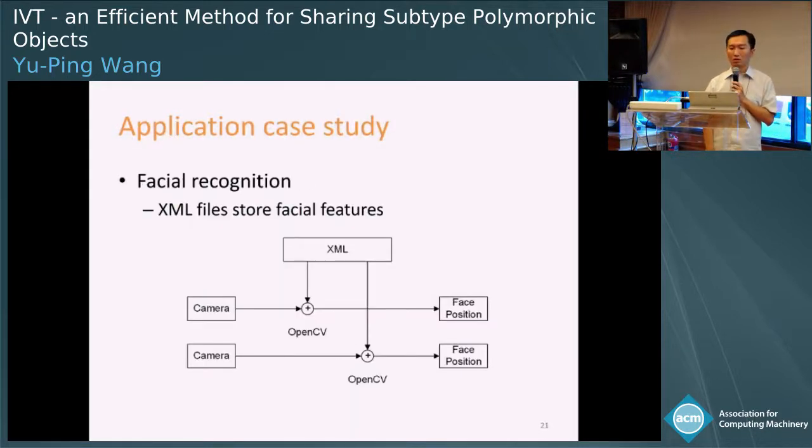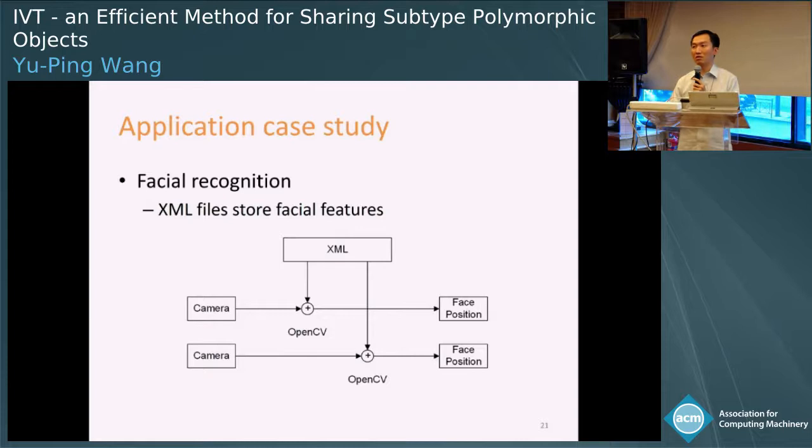The second application is facial recognition. It's similar: XML files will store facial features, and we can take images from different cameras, and we want to detect faces from these camera images. Unfortunately, the OpenCV library, which is always popular in image processing, has a data structure to represent a facial feature, which is the cascade classifier.